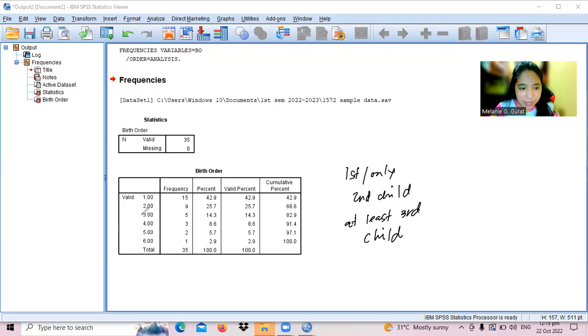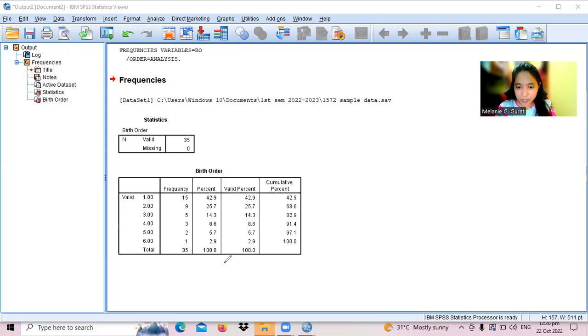So we will be combining 3 to 6 instead. Or you can still have more categories like first child, second child, third child, at least fourth child. We know what it means when we say at least third child: it can be third, fourth, fifth, and above. So how to do it? We have to go to our data.